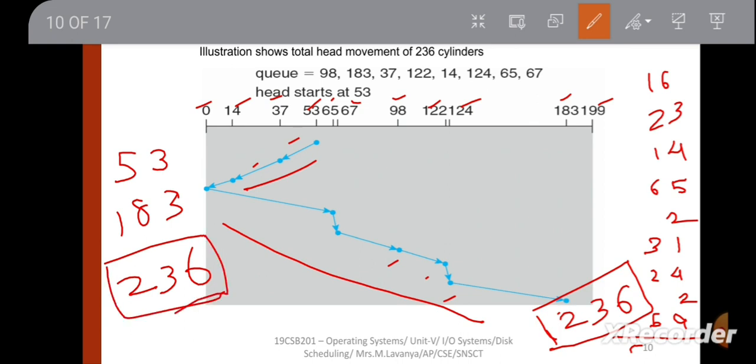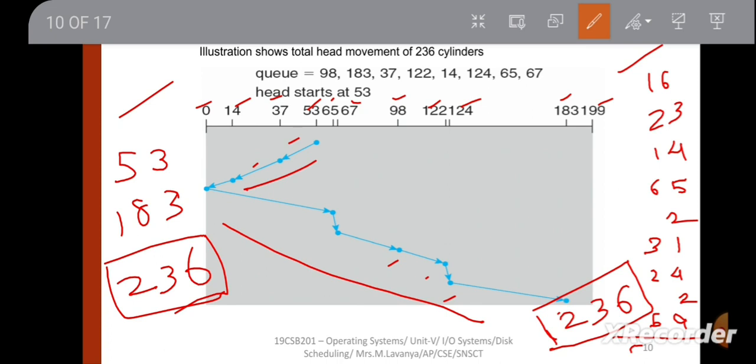If you want to do it as in the previous problem, you can calculate step by step, or else you can take the total movement, since it is covering only one side of the cylinders first. After that it will serve the other side. So you can take either way for calculating the total head movement. This is the solution for our problem under the SCAN scheduling algorithm.